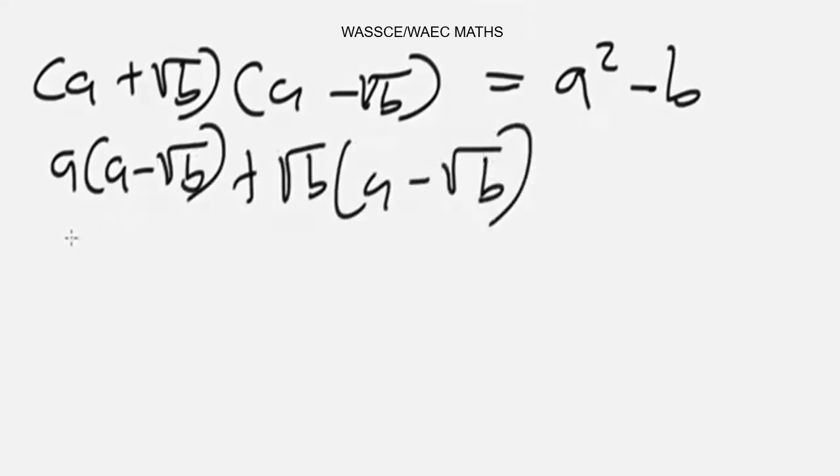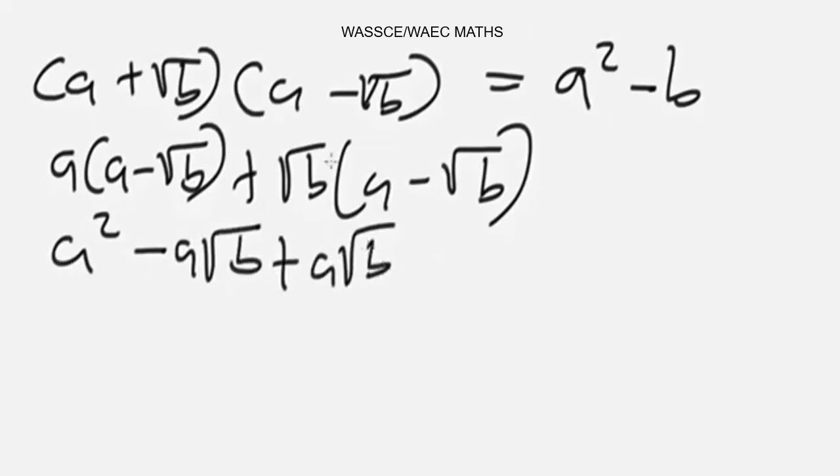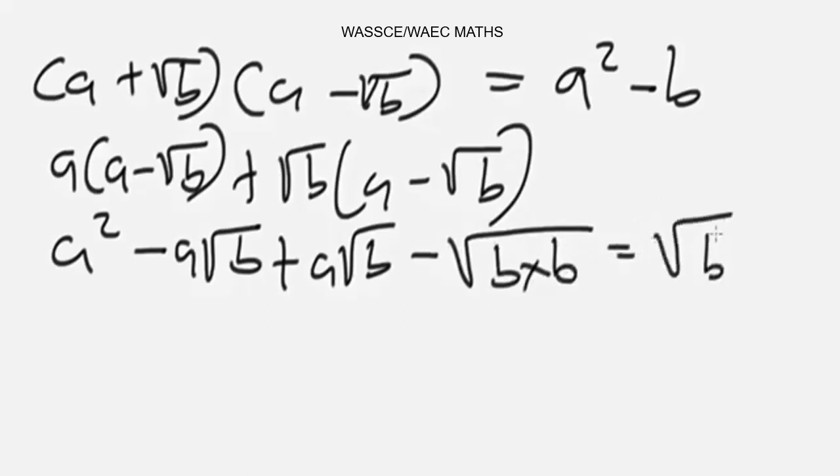So when you simplify this, I'm going to have A square minus A square root of B plus A square root of B. Now we have square root of B times minus square root of B. We're going to have minus square root of B times B, to give us square root of B square.